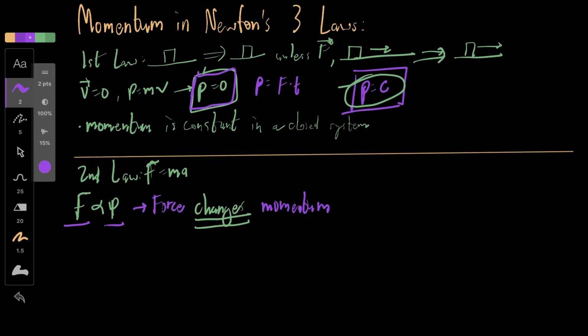Impulse. Now, since force changes momentum and we showed that momentum is force times time, that means we can have delta P is equal to force times the change in time. And this delta P quantity is impulse.